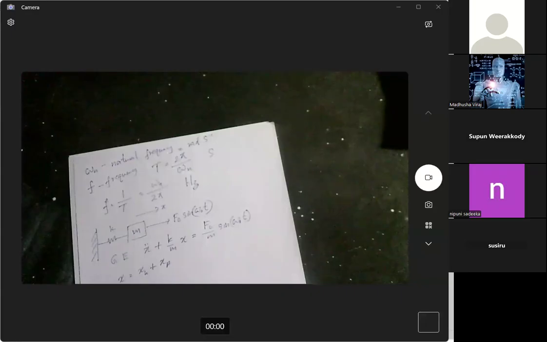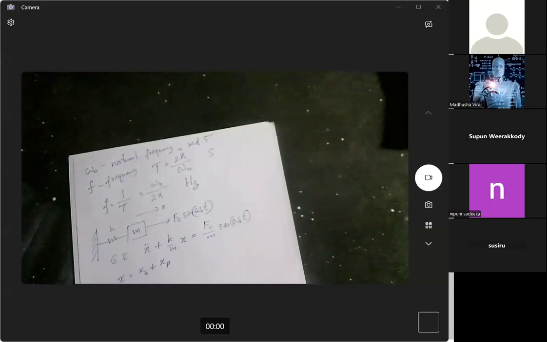And since this particular integral is the only thing which changes the forced system from the free system, right? It is the only place where you have this external force term coming in.